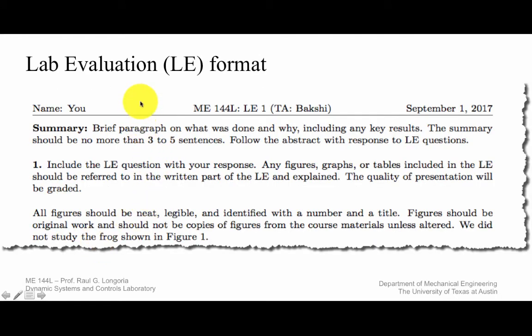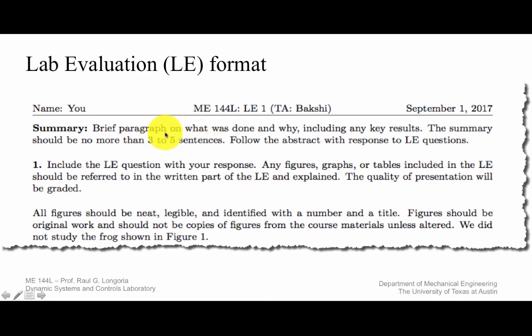Finally, in the lab evaluation format, I want you to put your name on each page. Again, even though these are uploaded into Canvas, I would like for you to have in the center here that this is the ME144L lab, the lab evaluation number 1. The name of your TA is, for example, Bakshi is one of the TAs this semester, and the date. And each LE should have a summary at the beginning. This is just, what was this lab about?